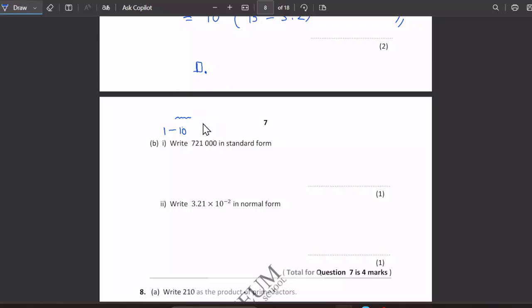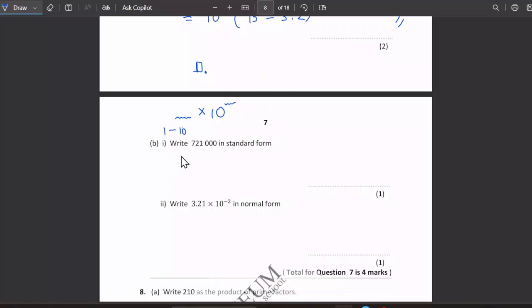That's the usual notation of standard form, and it will be multiplied by 10 to the power something.